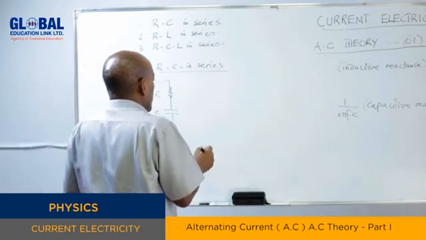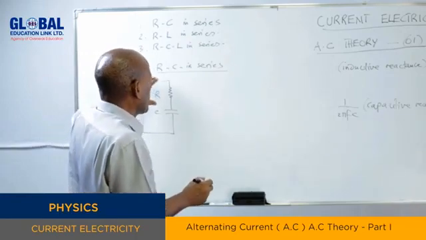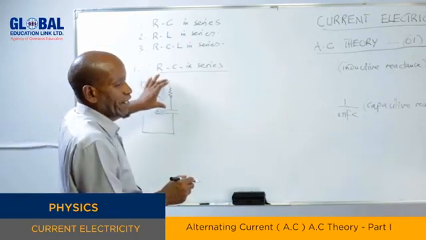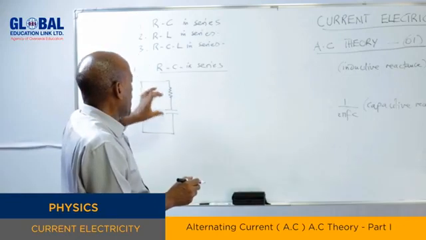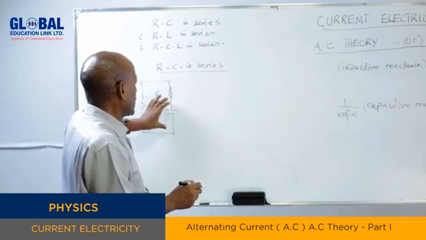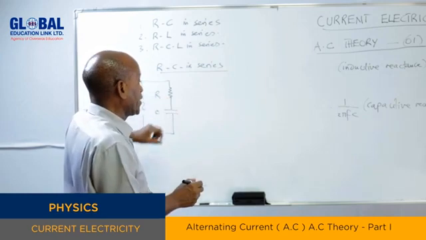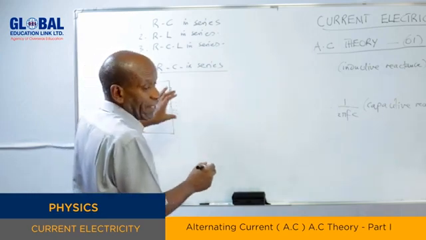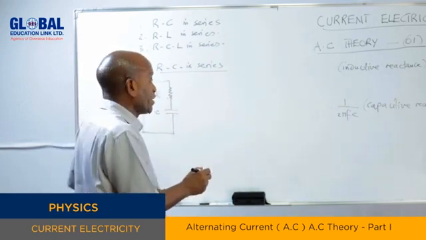As you have already found previously, the voltage and the current through a resistor are in phase. But for a capacitor, the voltage lags behind the current by 90 degrees.